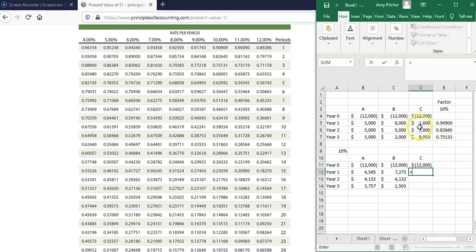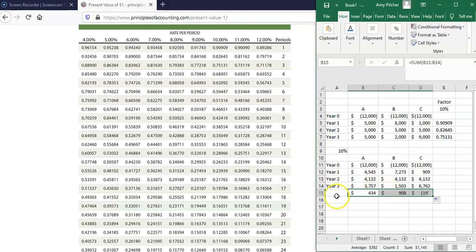And then we're going to try to evaluate which one of these projects is the better option. So we take the sum of our rows to calculate which one of these has positive net present value.